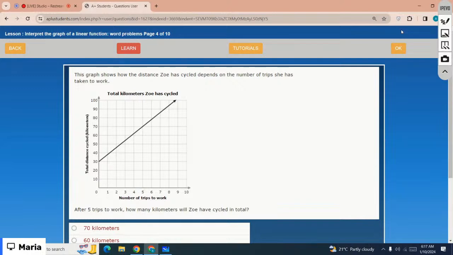This graph shows how the distance Zoe has cycled depends on the number of trips she has taken to work. After 5 trips to work, how many kilometers will Zoe have cycled in total?